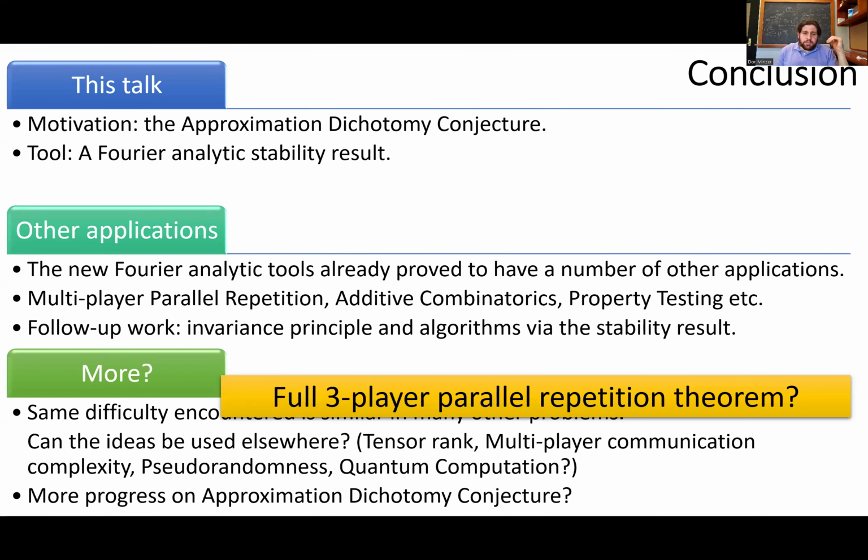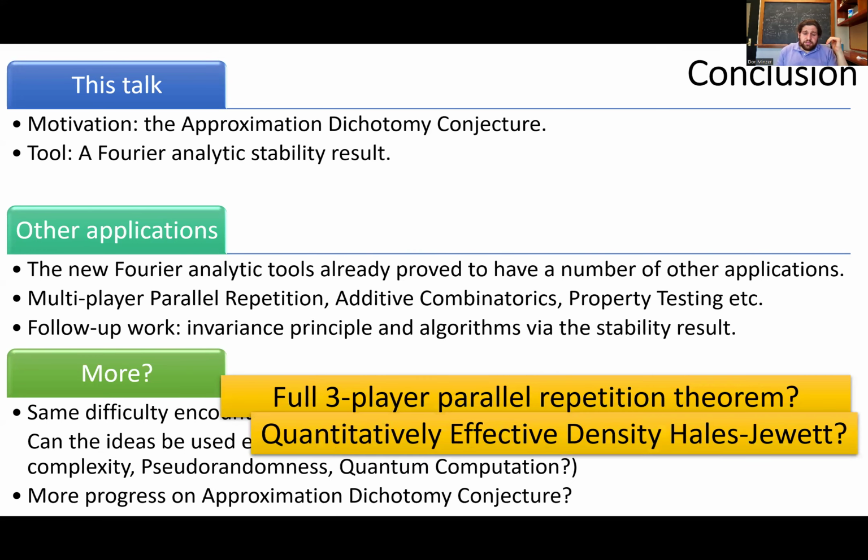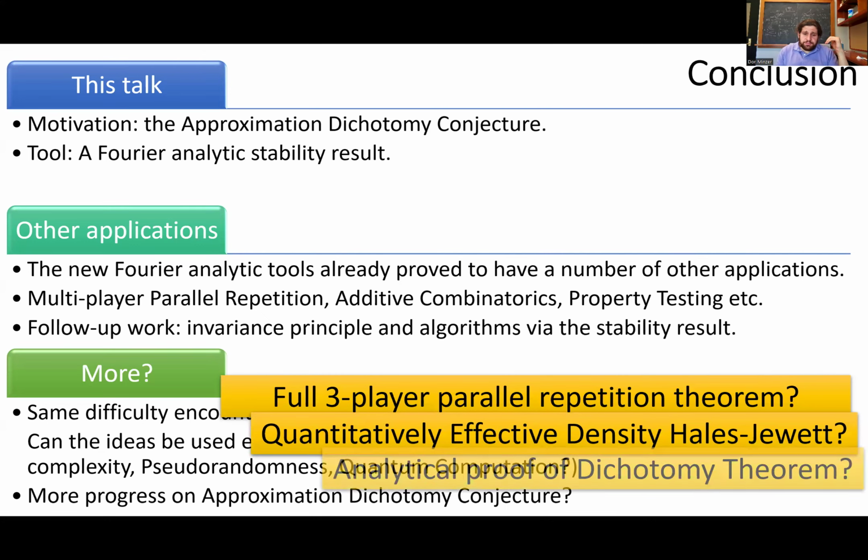And as concrete problems, I really like the full three-player parallel repetition theorems. There is something in combinatorics known as the density Hales-Jewett theorem, and it will be very interesting to see if one can use these techniques to make any progress on getting effective bounds for this result.